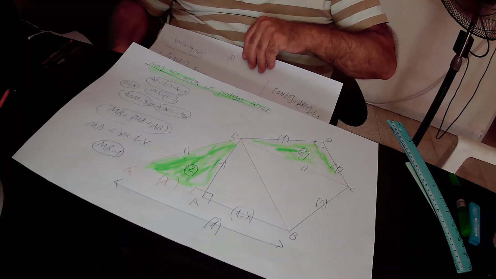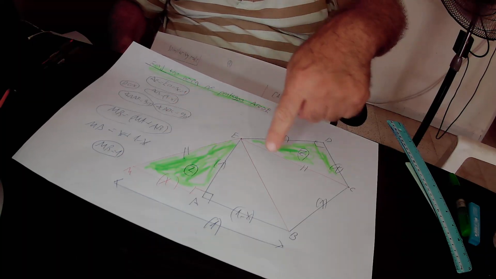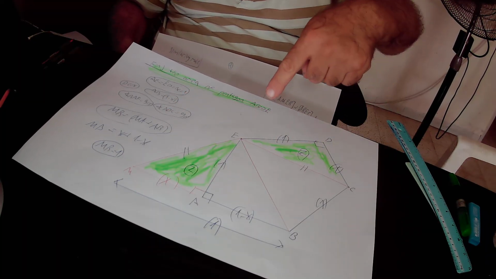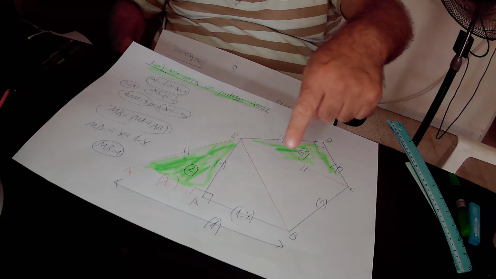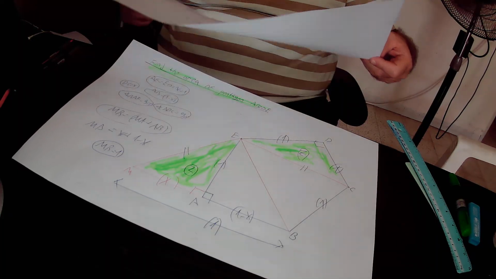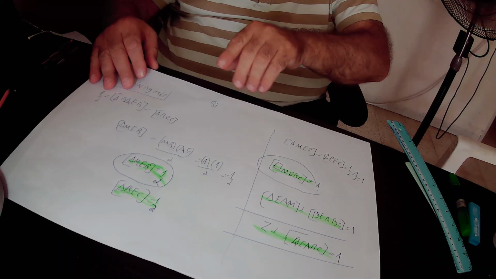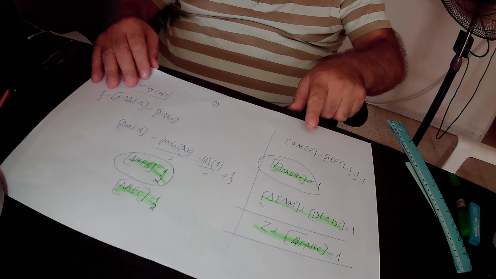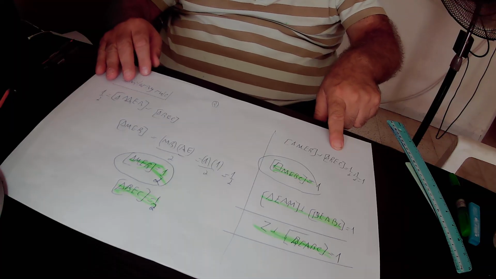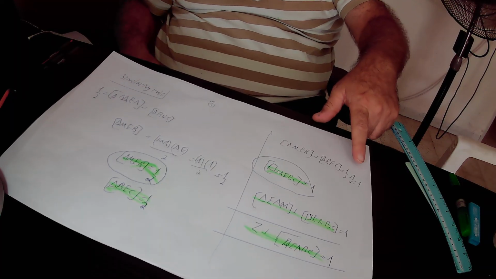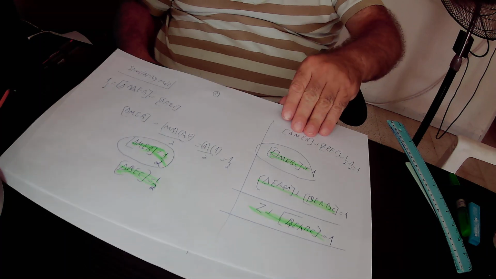So the area of this triangle MEB plus the area of this triangle EBC in total equals 1 half plus 1 half, this is 1.